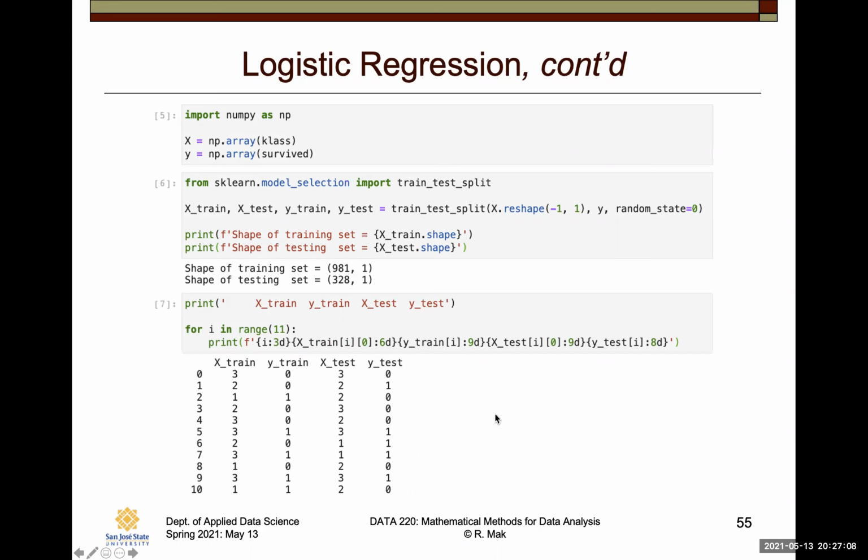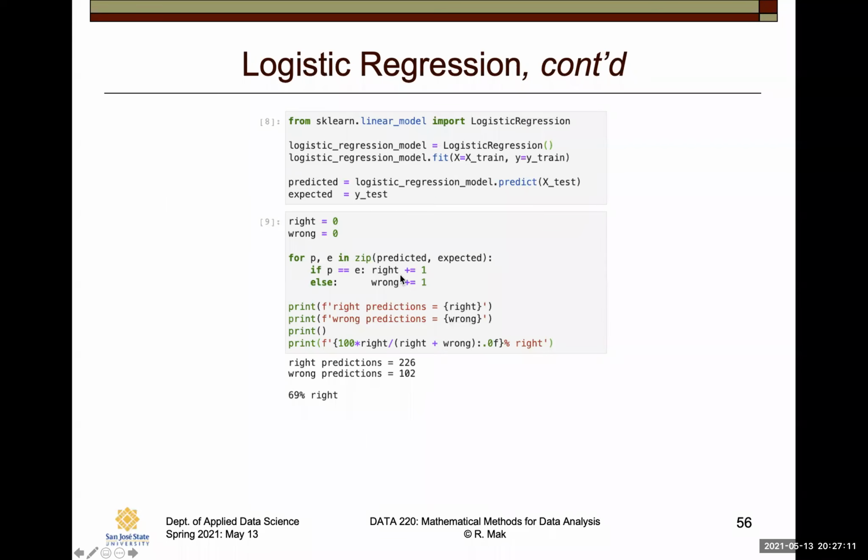Here we are comparing the right decisions with the wrong decisions. It turns out we were nearly 70% accurate in training this logistic model, meaning that depending on what class you're in, 70% of the time we will predict correctly whether or not you survive.